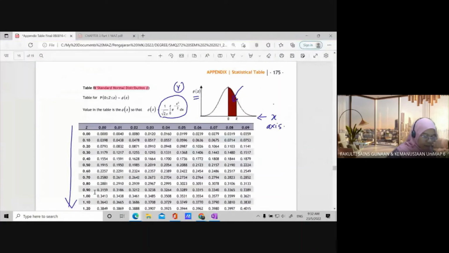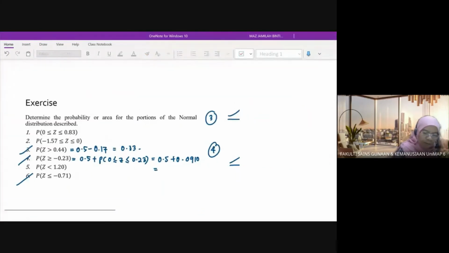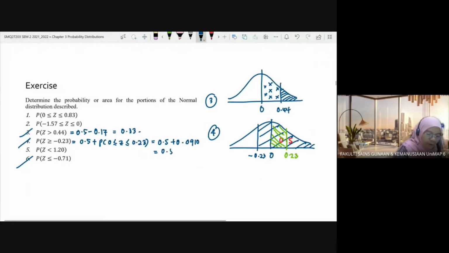Let's check. 0.23 to 3. So 0.0910. Okay, so you will get equal to 0.5910.